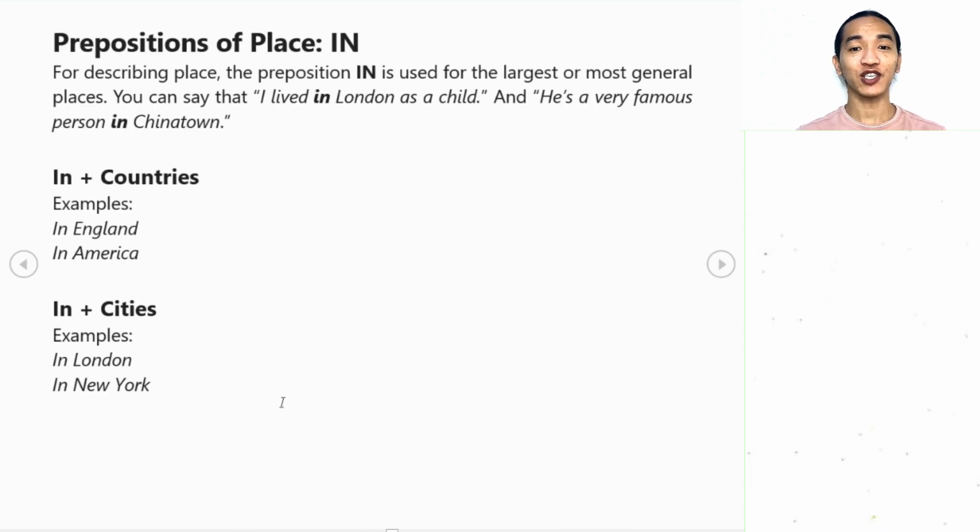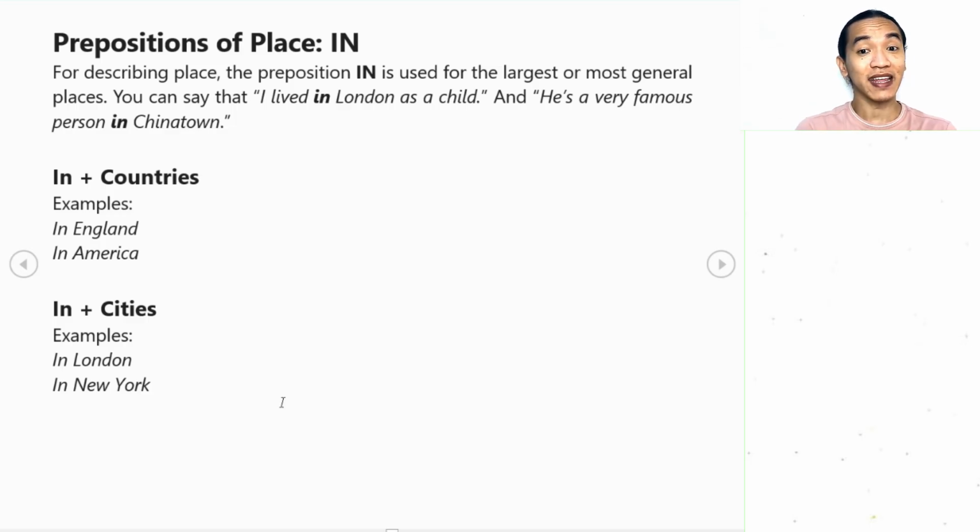For prepositions of place using in, for describing place, the preposition in is used for the largest or most general places. I think the idea is also similar with the preposition of time, which is more on the longer duration of time. But in this case, in a bigger, largest or most general places.